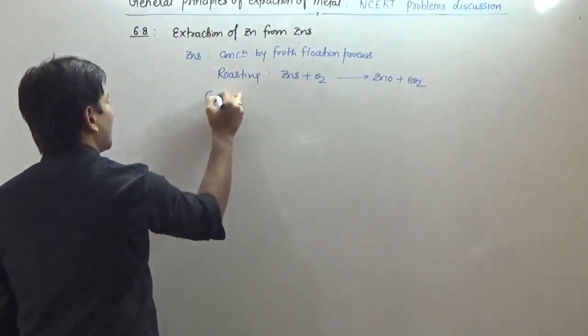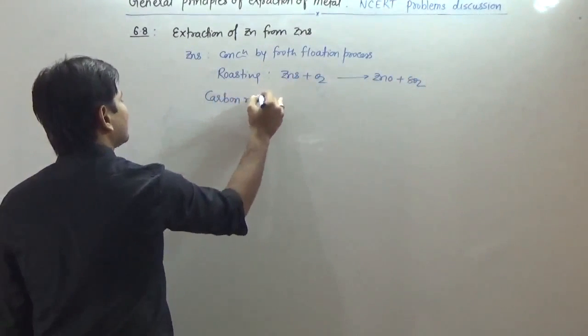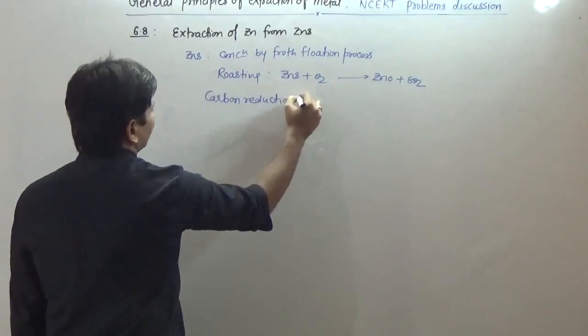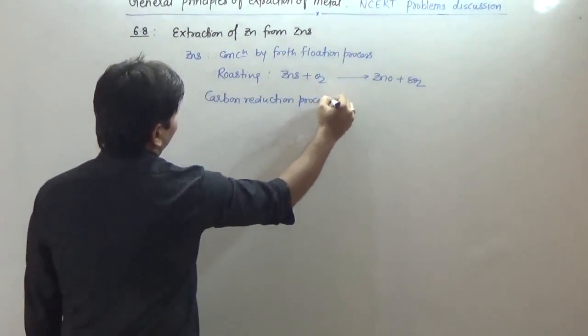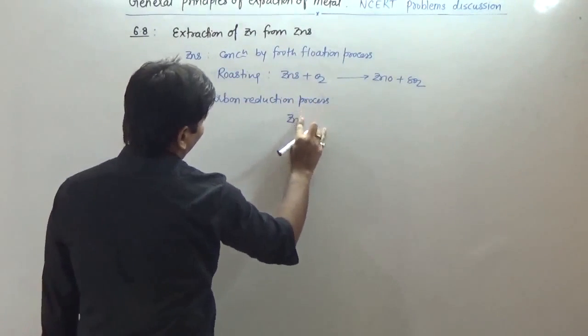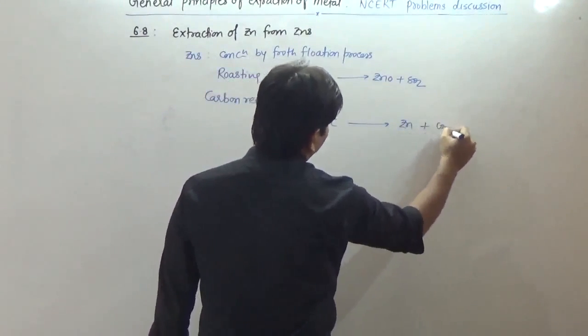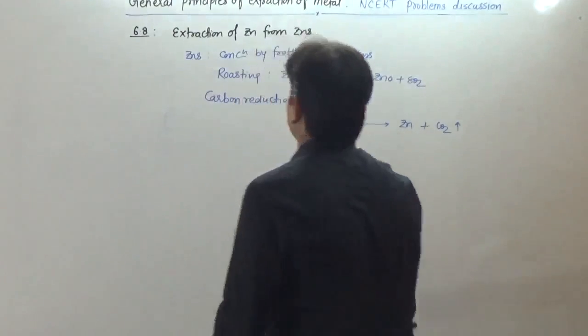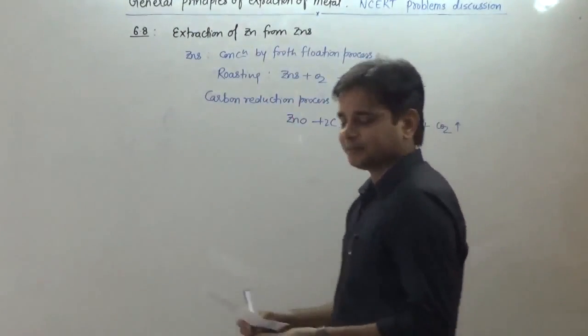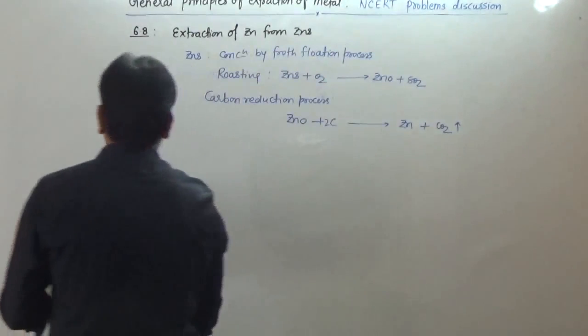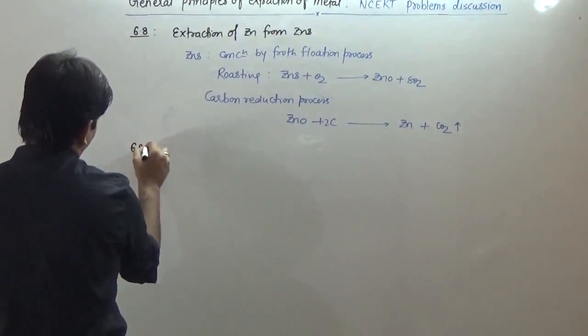Then we use the carbon reduction process, or you can also use the electrolytic reduction process. ZnO can be easily reduced by carbon to form zinc plus CO2. So this is the process of extraction of zinc from ZnS.